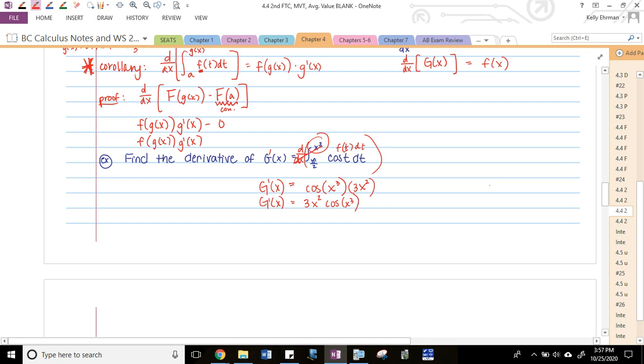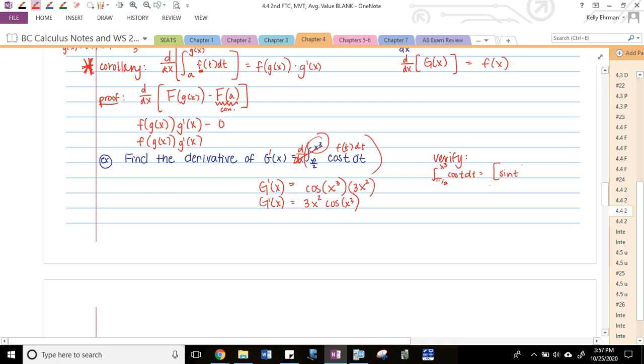Can I verify this to make sure it's true? Let's double check here. Let's go ahead and actually take the antiderivative. Let's integrate. What's the antiderivative of cosine?